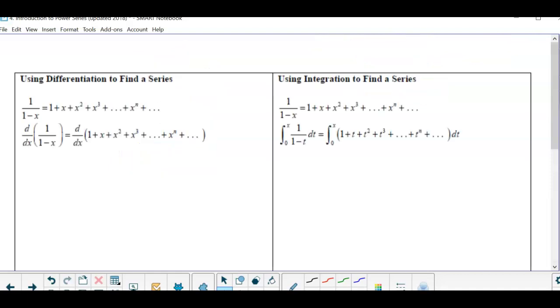And then the next one, using differentiation to find a series. We already know there's your basic geometric series. What if we take the derivative of both sides? Because those are equal, if we take the derivative of both sides, they will be equal. The derivative of 1 over 1 minus x, I'm just going to show that as 1 minus x to the negative 1.